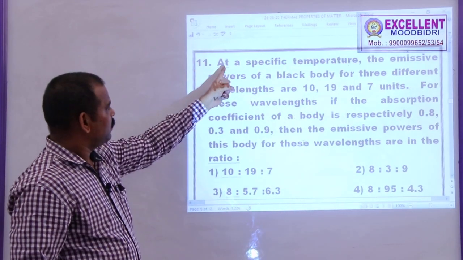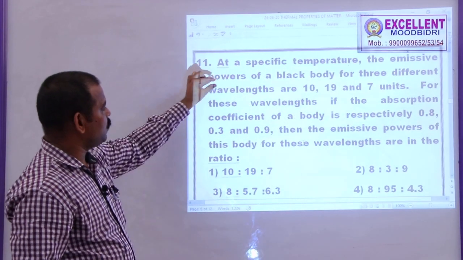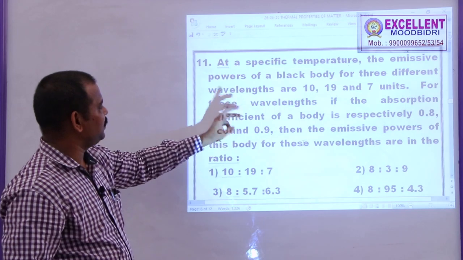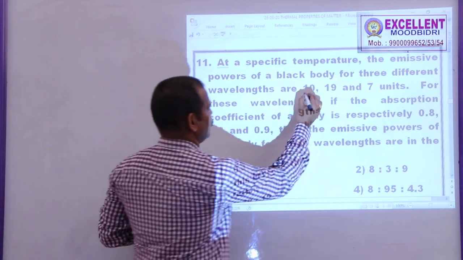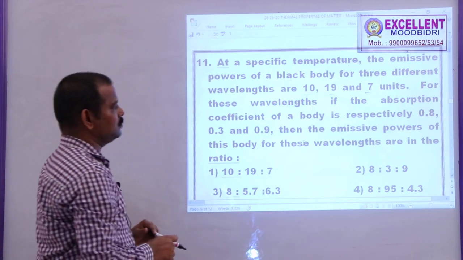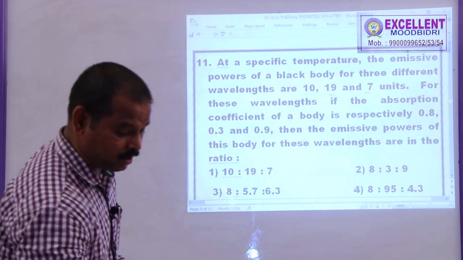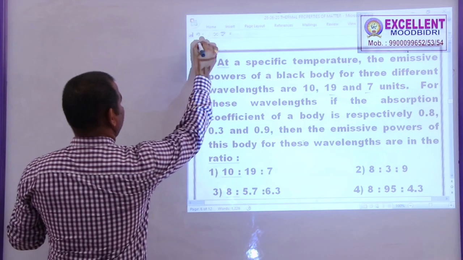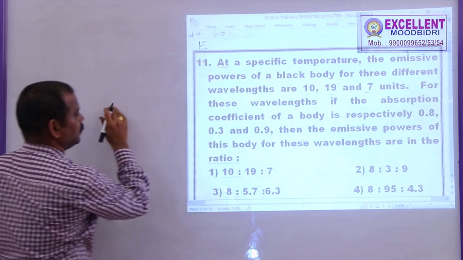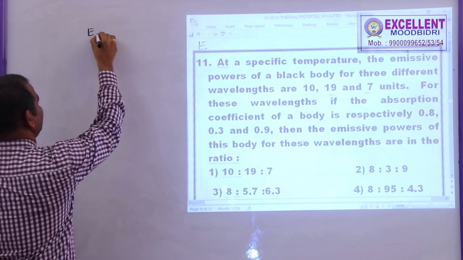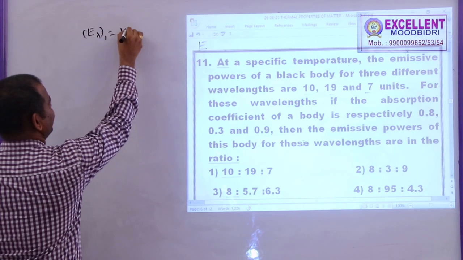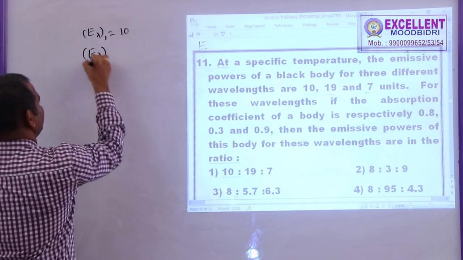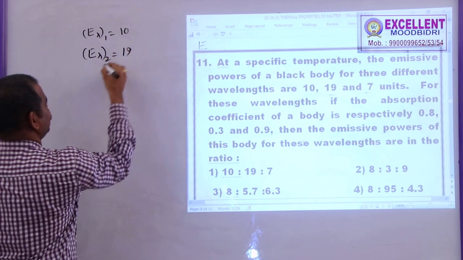11th one. At a specific temperature, the emissive powers of a black body for 3 different wavelengths are 10, 19, 7. So these are the emissive powers of perfect black body. So we denote this as E at different wavelengths. So E lambda 1 is 10. E at a different wavelength lambda 2 is 19.